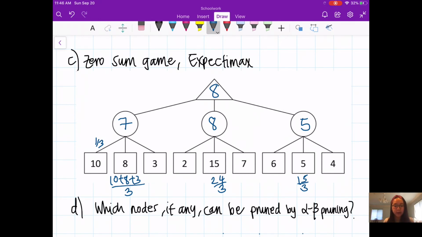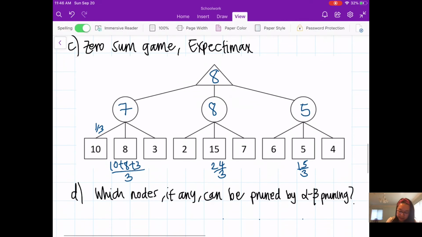And then now part D asks, which nodes, if any, can be pruned by alpha-beta pruning? So if you look at these values, we now have chance nodes, which means that each of the utility nodes is taken into account for each chance node. You're no longer just picking one of the utility nodes based on whether it's the minimum or the maximum.